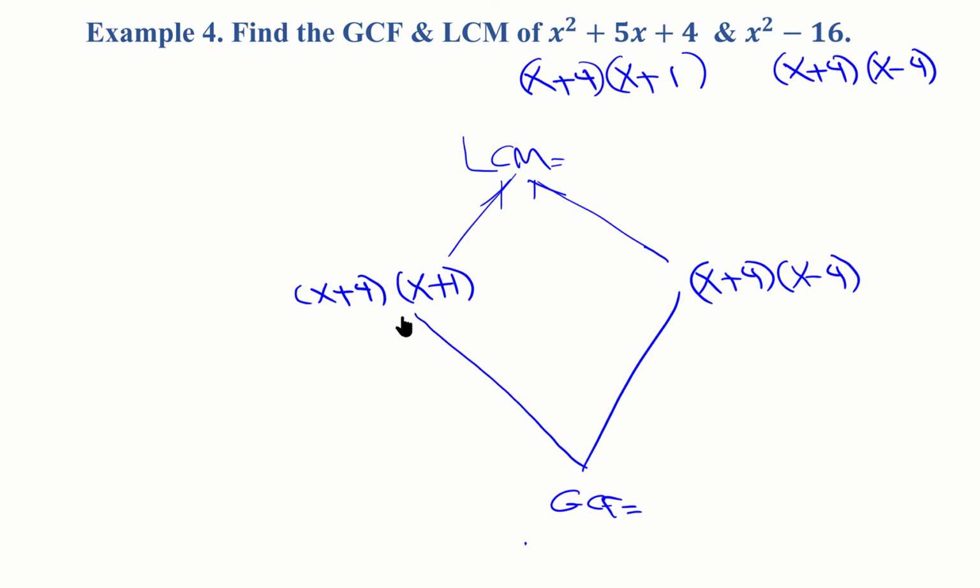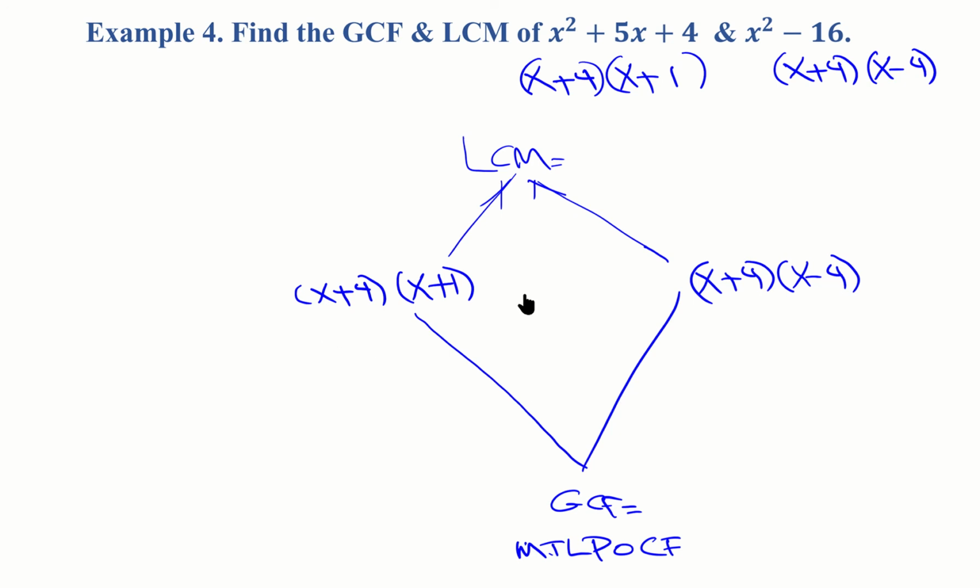So remember the procedure. Once we have written both expressions or both numbers in fully factored form, then we're going to multiply the lowest power of the common factors. So we look in here to see what factors are in common. Remember, these are all binomial factors, but they are factors.